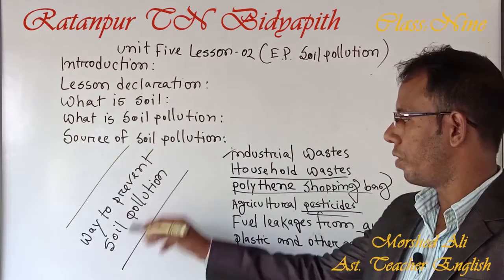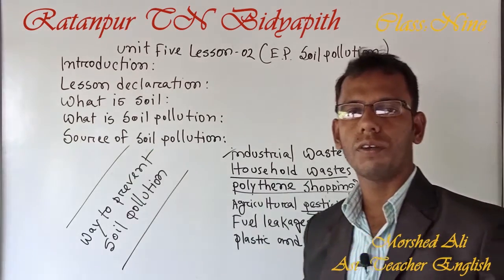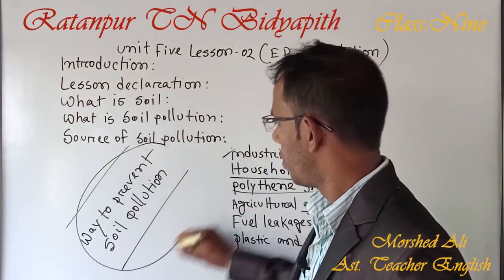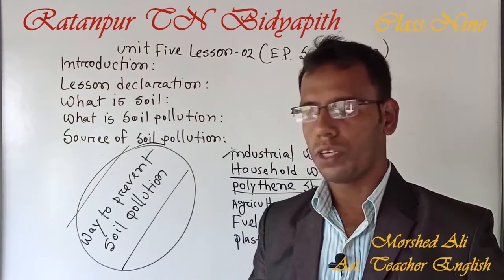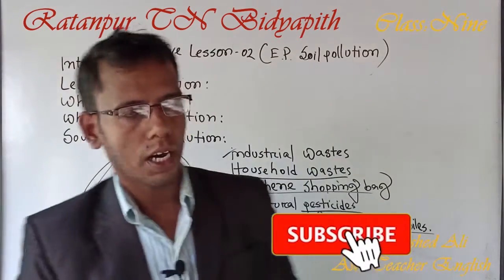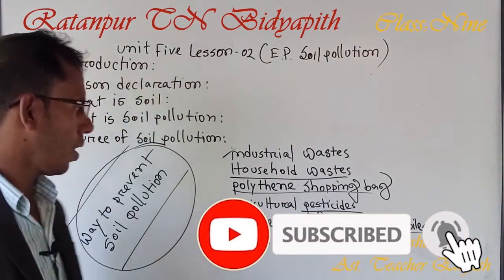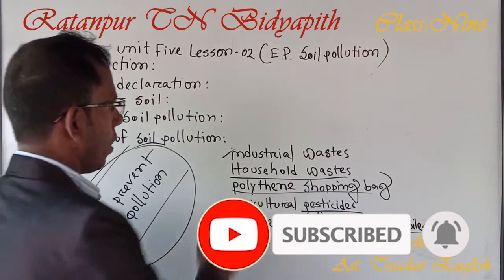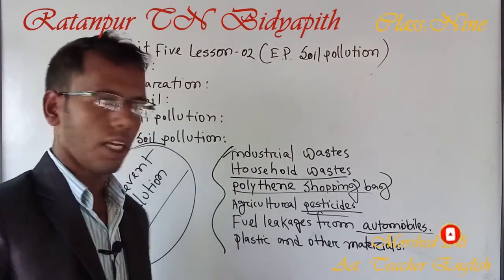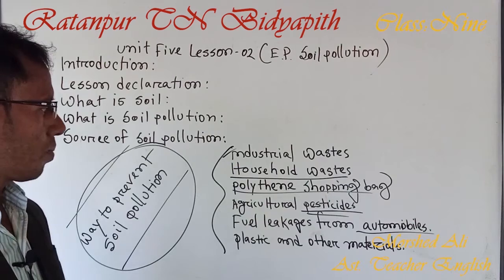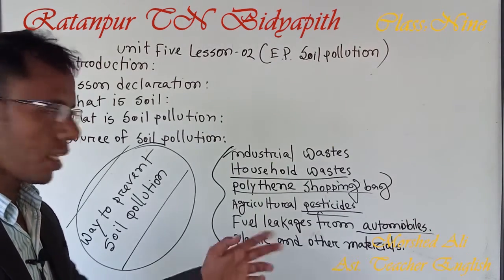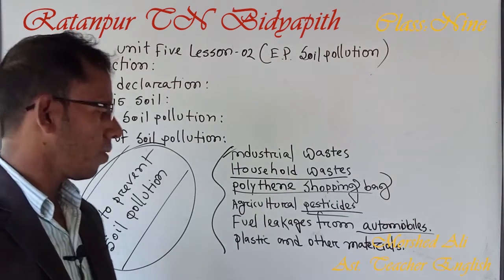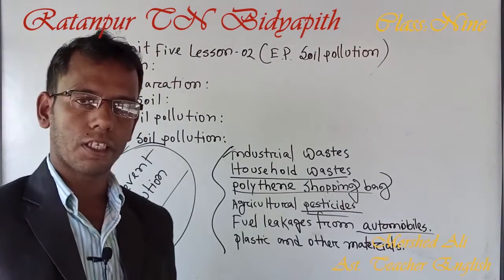I told you many things. Now, ways to prevent soil pollution. How can we prevent soil pollution? I narrated some points here: industrial waste, household waste, polythene shopping bags, agricultural pesticide, fuel leakage from automobiles, and use of plastic.